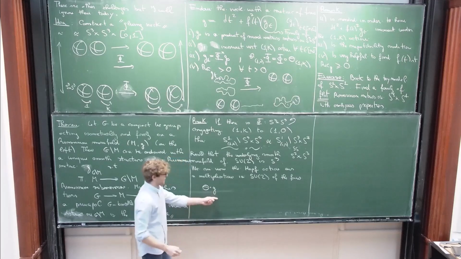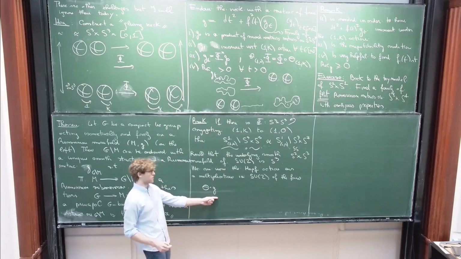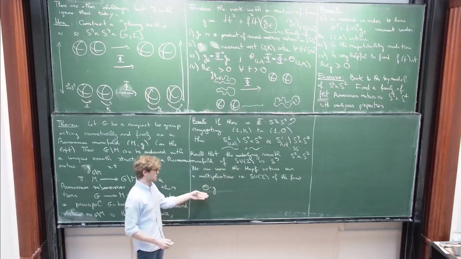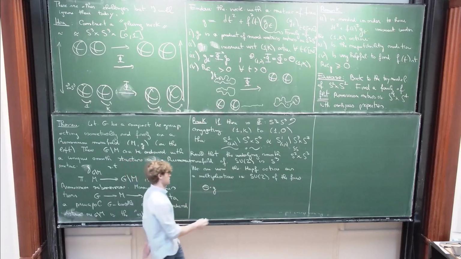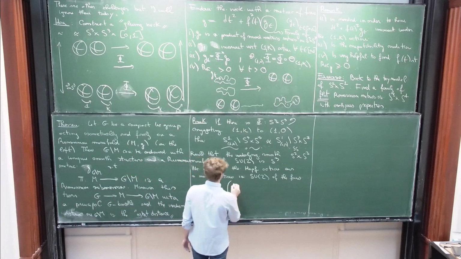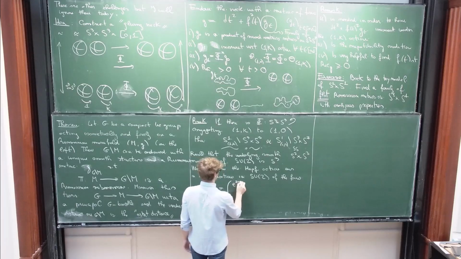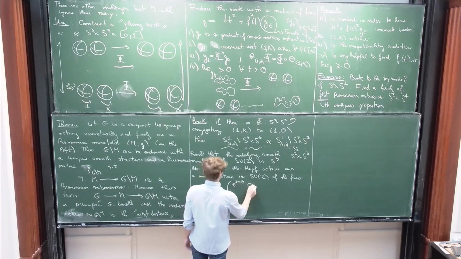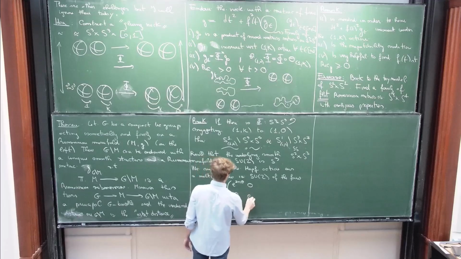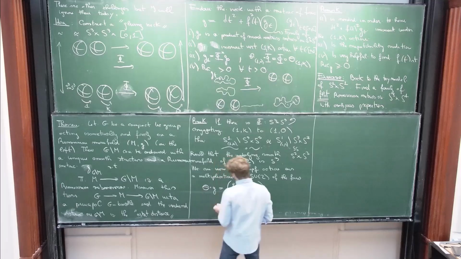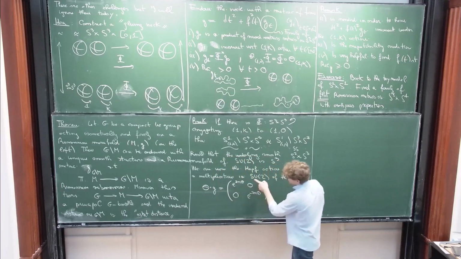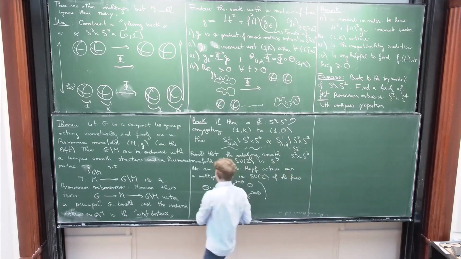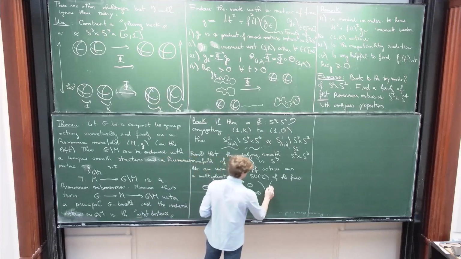This is an element of S3, which now I'm going to view as an element of SU2, and theta was the op rotational angle. This is equal to the matrix e to the 2 pi i theta, 0, 0, e to the minus 2 pi i theta, times the matrix in SU2 I'm identifying little g with.